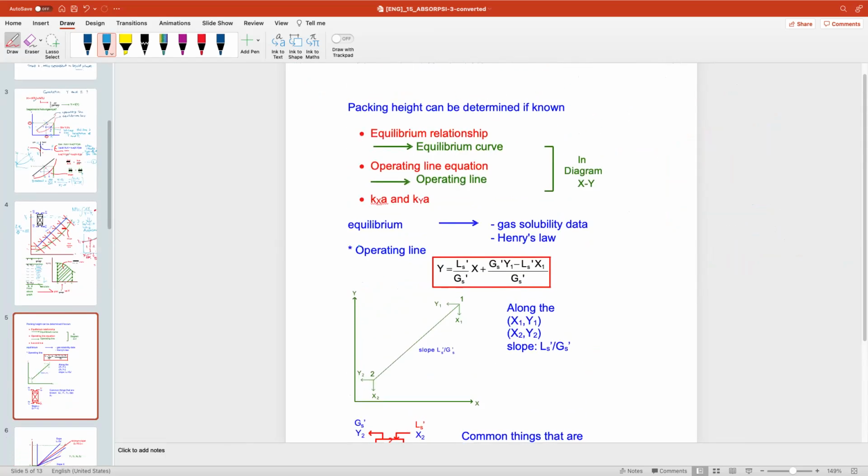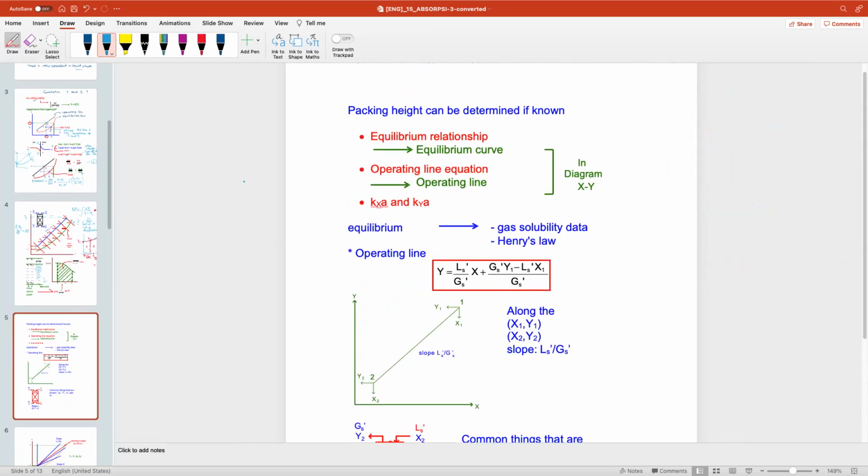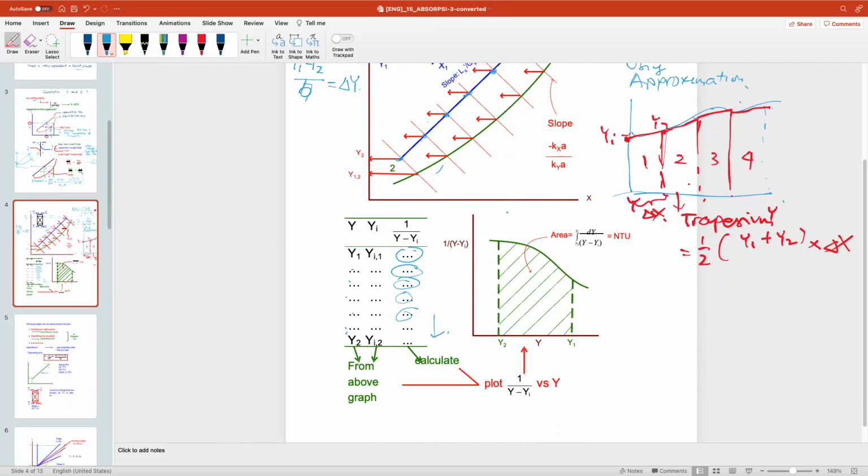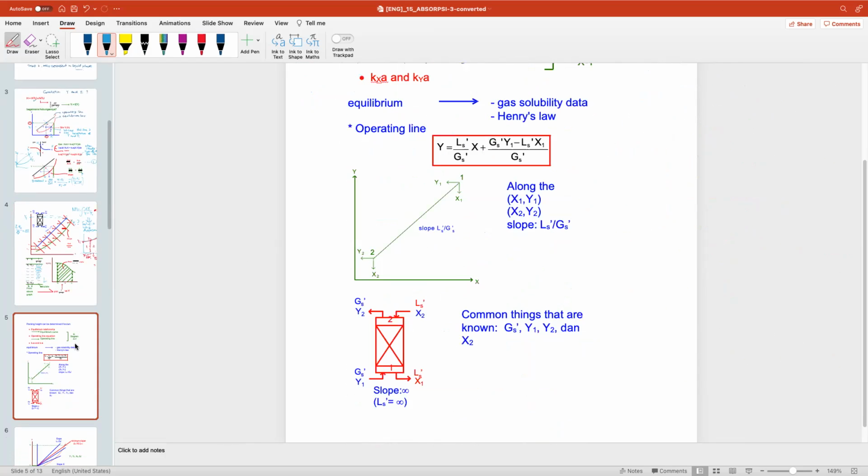Maybe we should go back to here. If you want to calculate the height, you now know the algorithm.